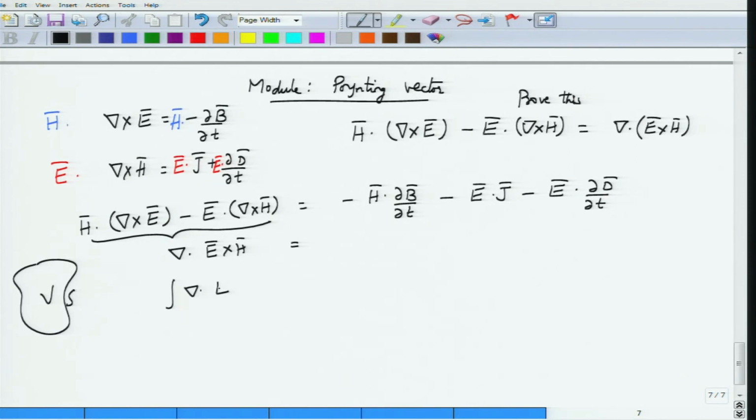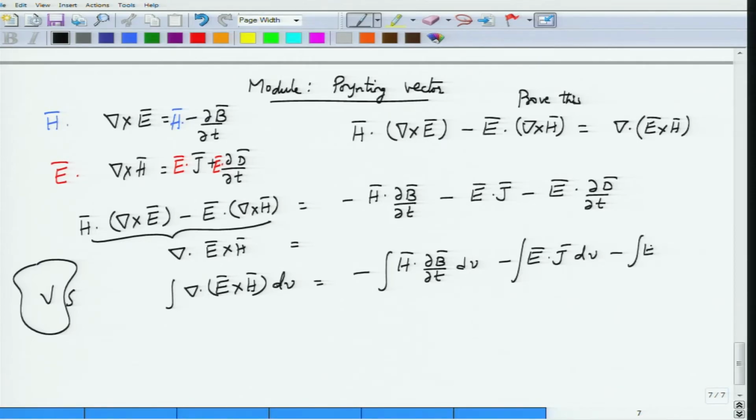Let me write down both the steps for you, as it might be slightly confusing otherwise. This is the integration over the volume. I am getting minus H dot del B by del t integrated over the volume, minus E dot J integrated over the volume, minus the integral of E dot del D by del t over the volume.